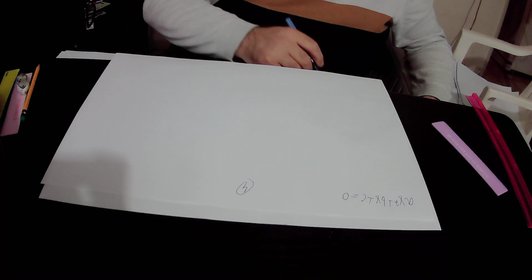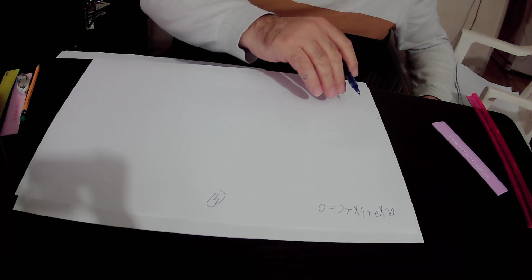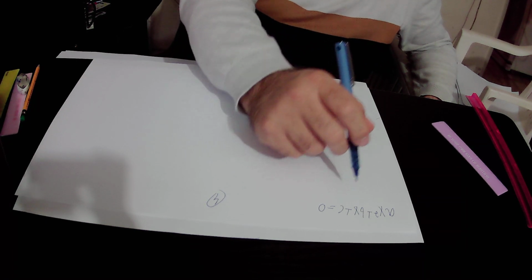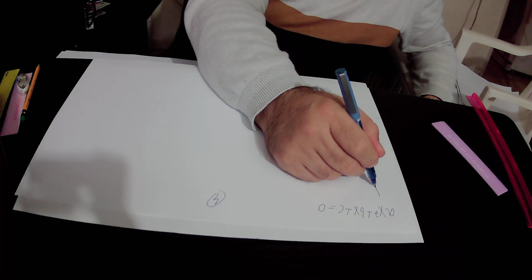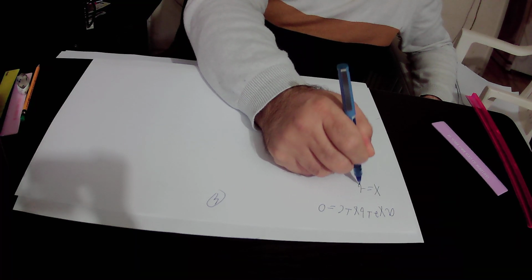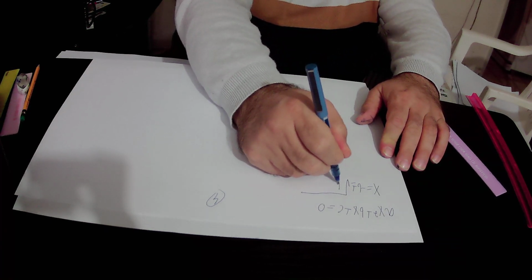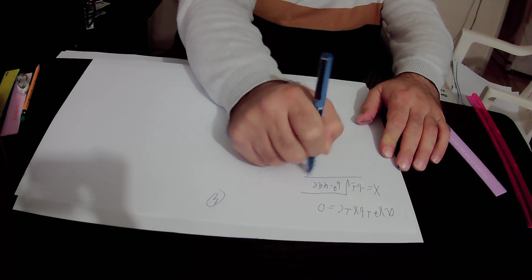Here a, b, and c are the coefficients of this quadratic equation, and x is the variable that we are looking for, and we will find out the value of x according to a special formula for x. The special formula for x is x equals minus b plus minus square root of b squared minus 4 times a times c, over 2a.